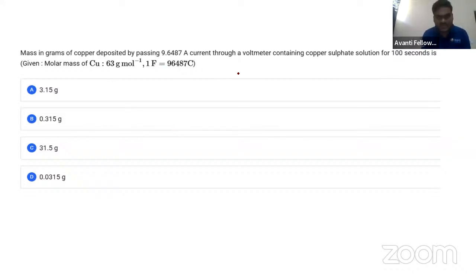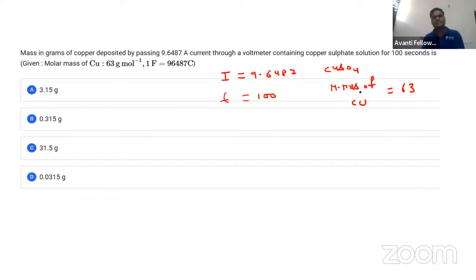First of all, current is given, that is 9.6487. Time is also given, 100 seconds, and copper sulfate is given, right? Molar mass of copper is also given, that is 63 gram, right? So we need to calculate the mass in gram of copper deposited.